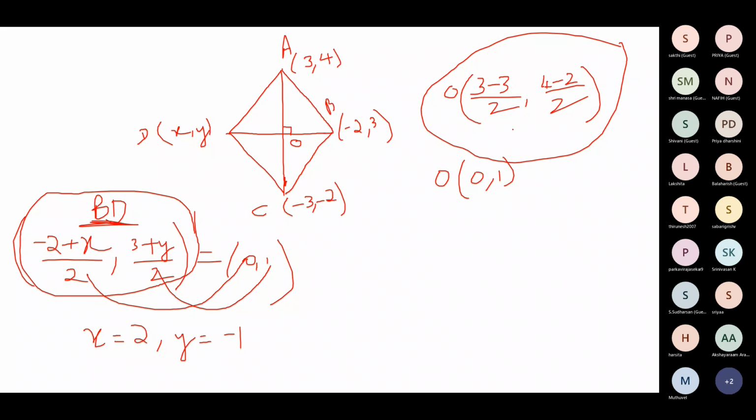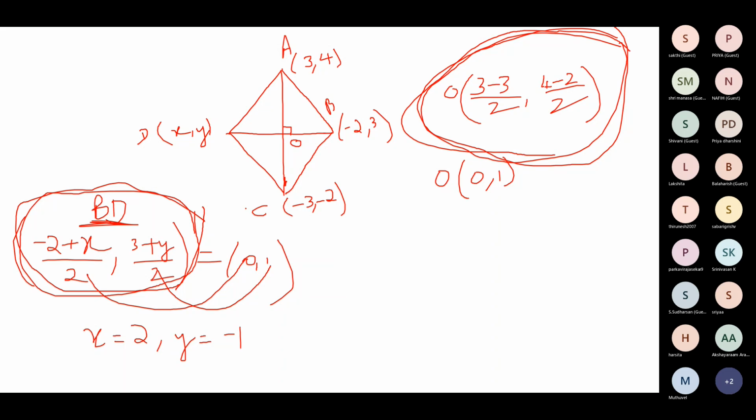See, the only difference you can make is you can write this one, what I've circled here, directly equal to this and equate. 3 minus 3 by 2 is equal to minus 2 plus x by 2. 4 minus 2 by 2 is equal to 3 plus y by 2.